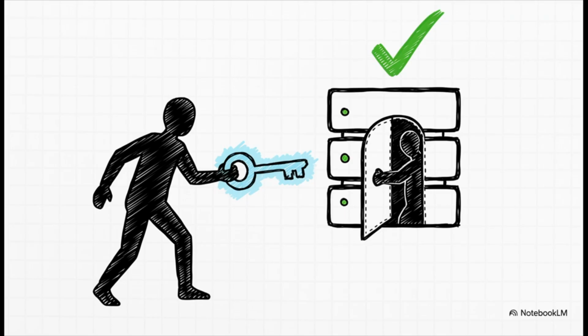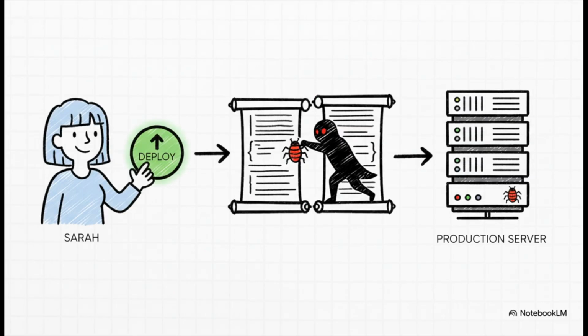With that stolen token in hand, the attacker connects directly to Sarah's MCP server. The server sees a valid session token, and what does it do? It lets them right in. No questions asked. It treats them as a fully trusted agent. The attacker is now, for all intents and purposes, Sarah's own IDE extension. Meanwhile, Sarah finishes up her work, completely oblivious that her session has been totally hijacked.